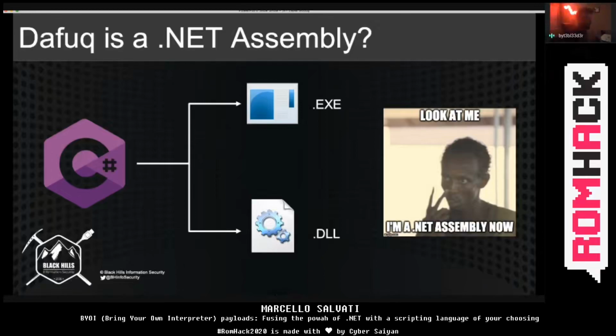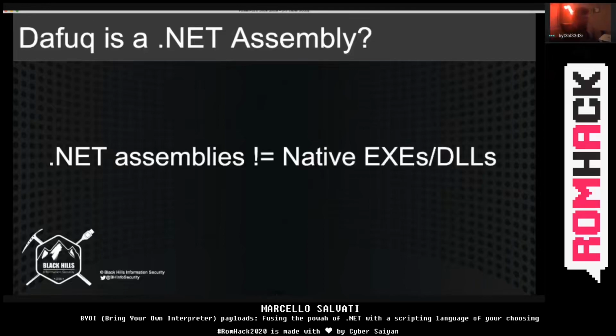It's also an important distinction to make that the .exe and the DLL that were compiled from a .NET language, in our example C#, are not the same as native executables and DLLs on Windows, okay? So the format is completely different. So you take C#, you compile it to a .exe.